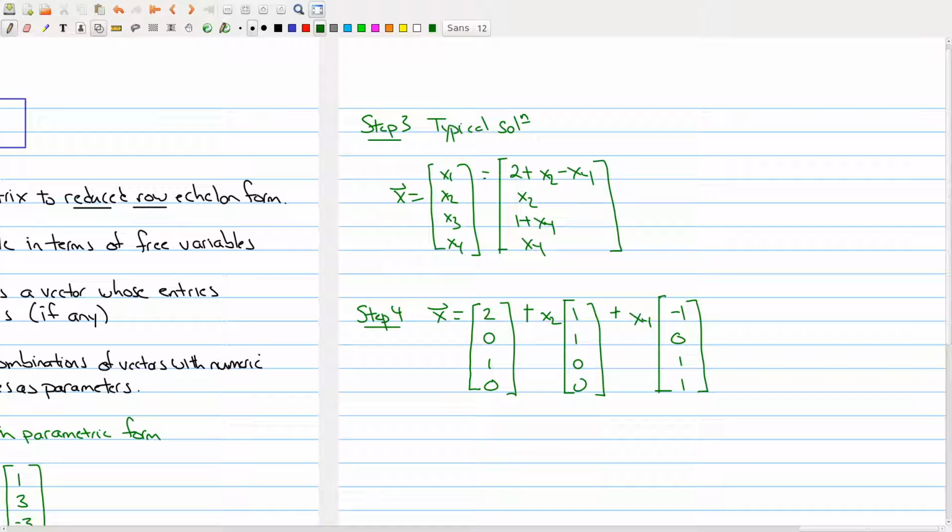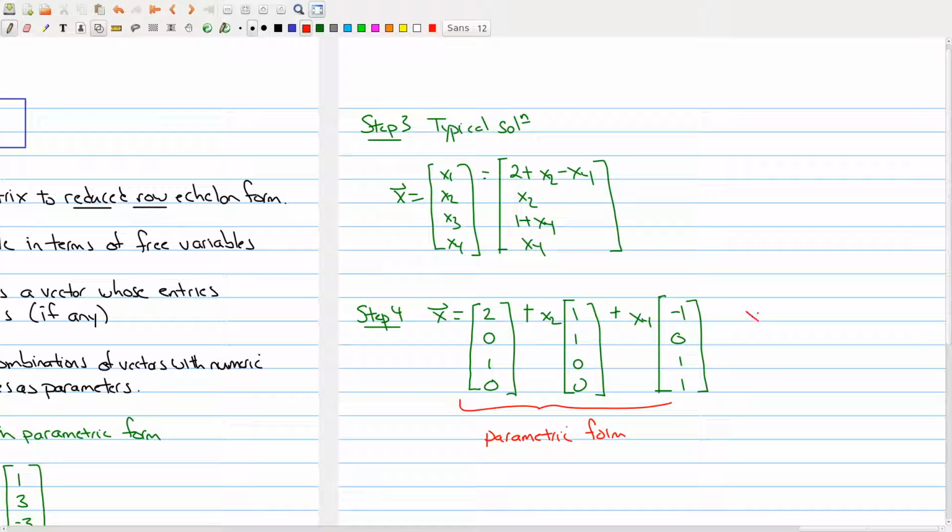This gives me the parametric form. The final thing right here is the parametric form of my solution.